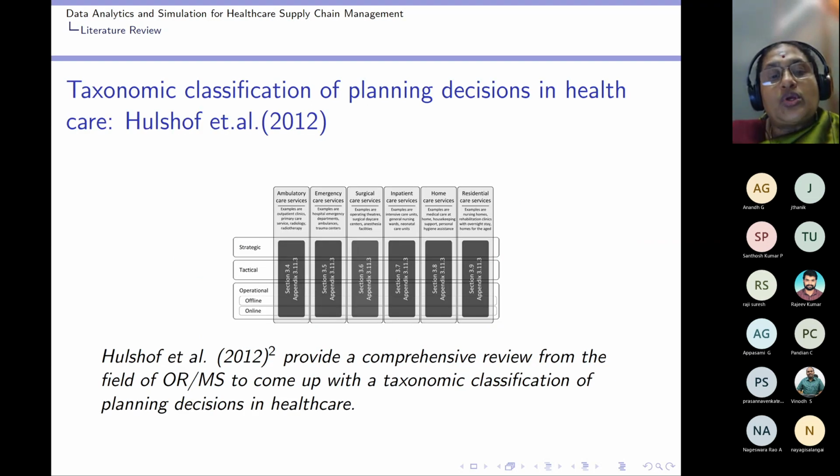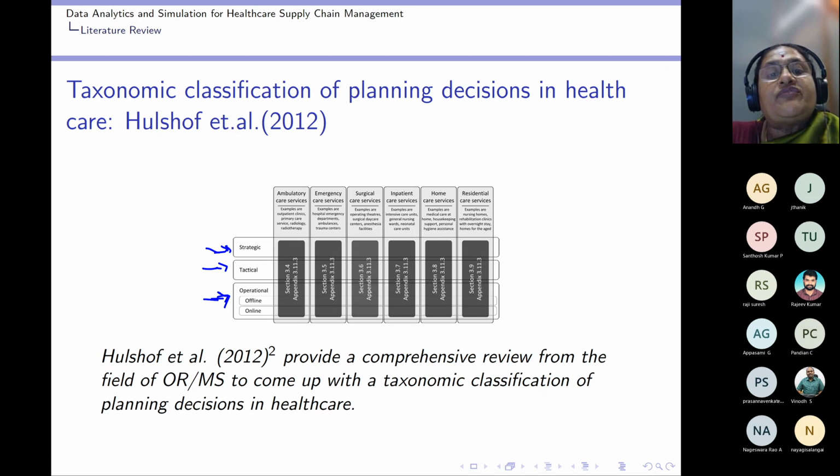Hulshoff et al. in 2012, meanwhile, came up with what we refer to as a taxonomic classification of planning decisions. When we look at planning, we always know that there are three levels of planning decision: strategic, which is long-term; tactical, which is medium-term; and operational, which is a short-term decision-making horizon.